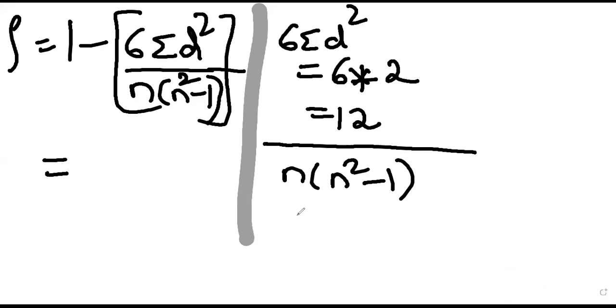In this case, n is equal to 3. What is n into n square minus 1?